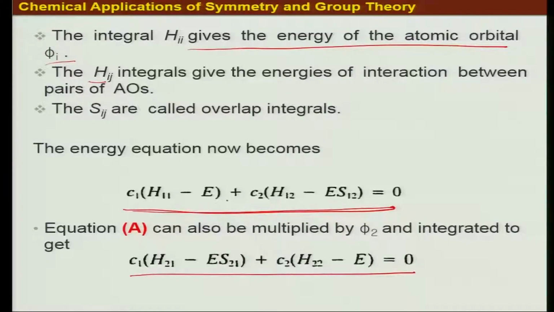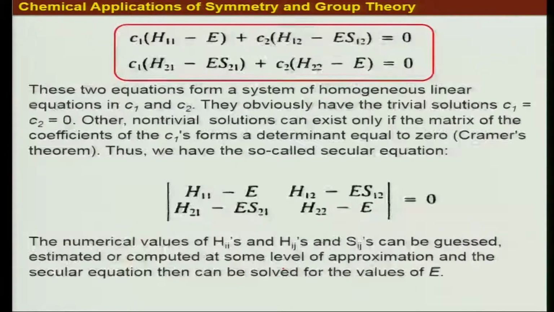You can see the similarity between these two equations. Now I have these two sets of equations, and they form a system of homogeneous linear equations in C1 and C2, which are the coefficients of the linear combination.